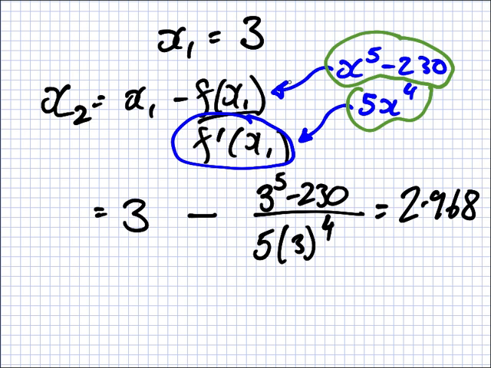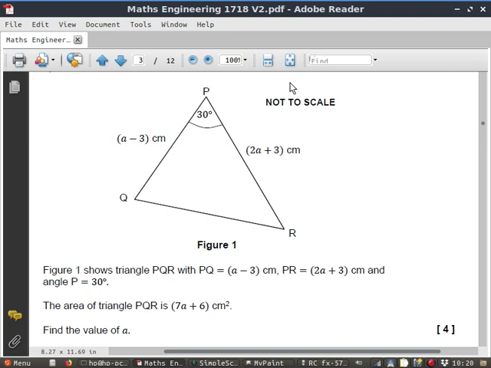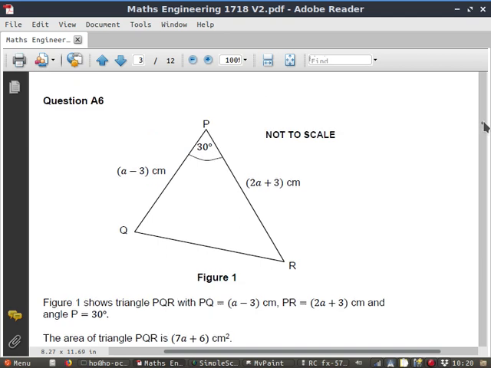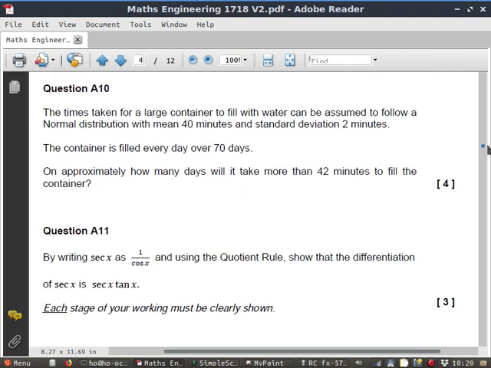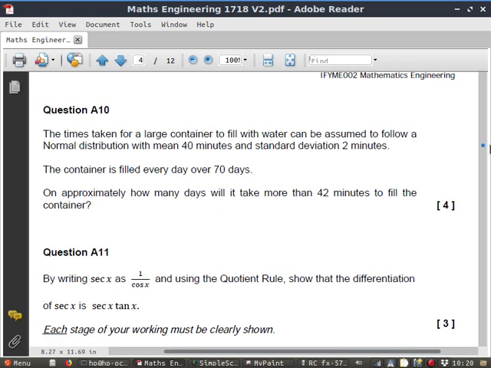Easy, I think. Well, I think it's easy, but I'm not doing the exam, you're doing the exam. Right, so let's see the next one. So we don't have to explain, just put. No, that's it. 4 marks, A10, 4 minutes, go.